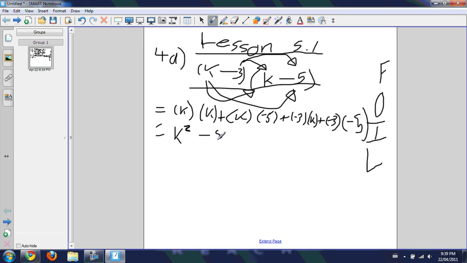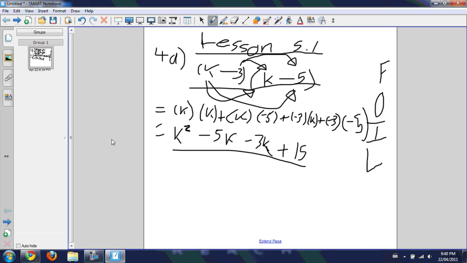Negative 5k minus 3k plus 15, because the two negatives will cancel each other for the time being.